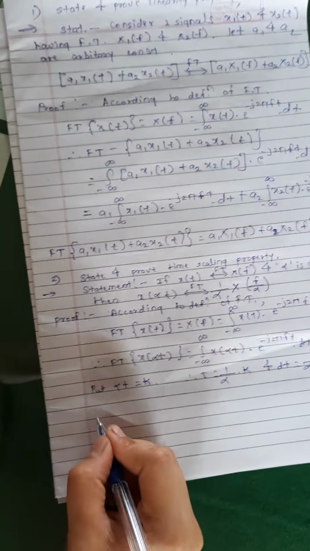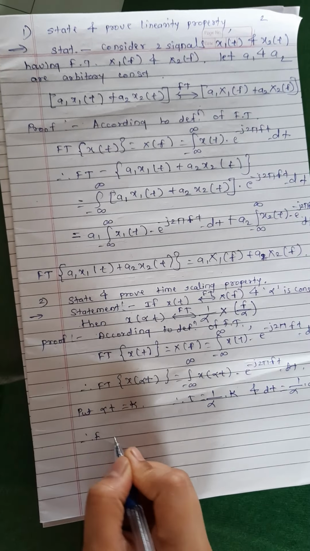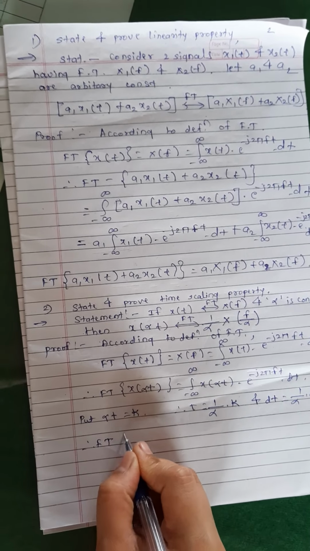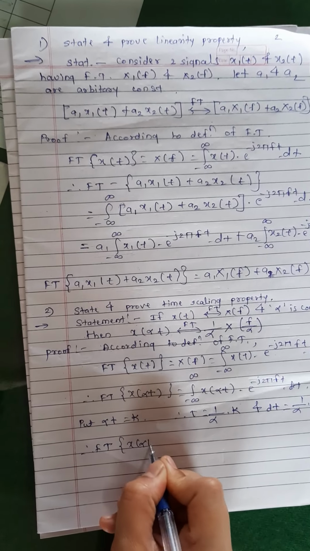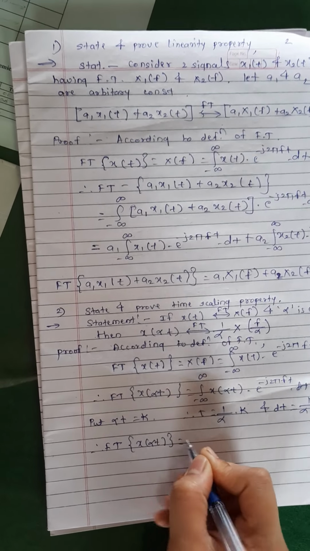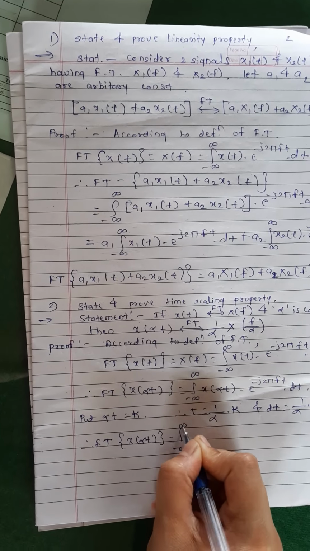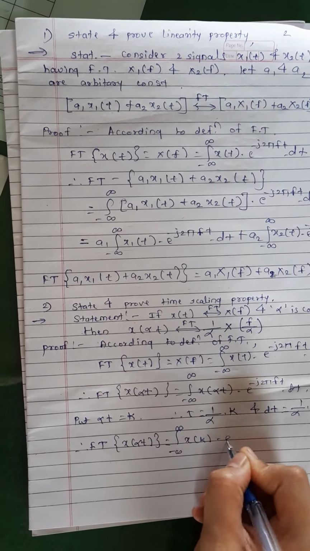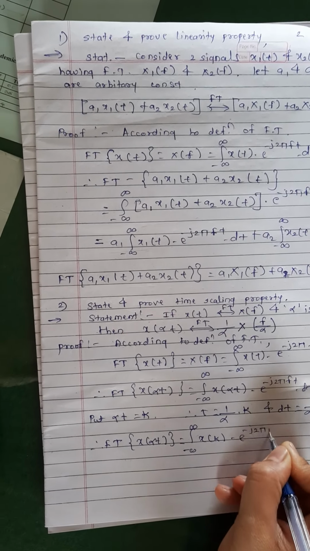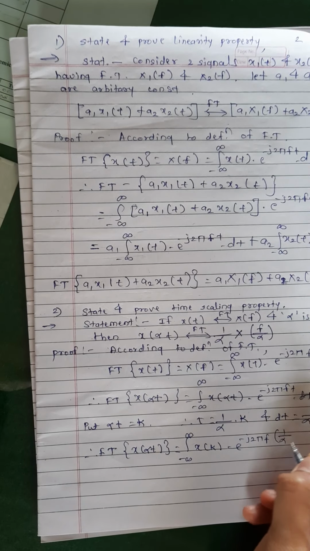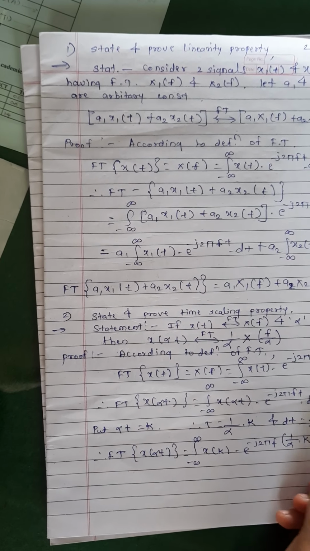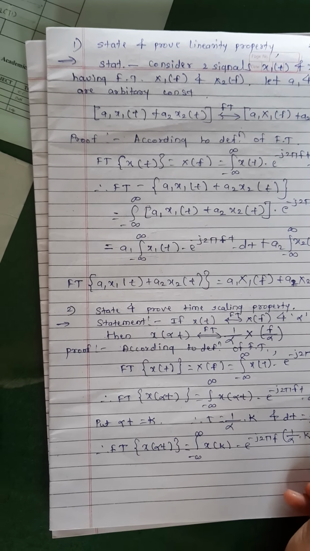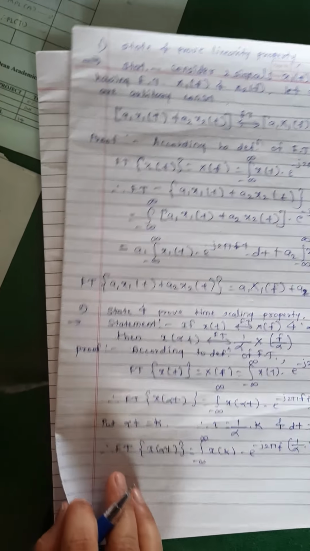Therefore FT of x of alpha t is equal to integration from minus infinity to infinity x of k into e raised to minus j 2 pi f 1 by alpha into k into 1 by alpha into dk. So we substitute the above values here.